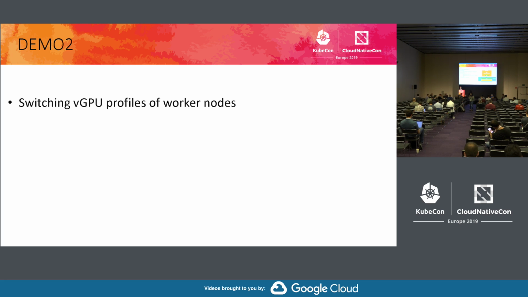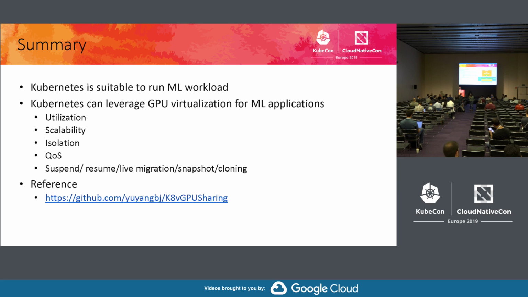If you use one VM on the physical host with a virtual GPU profile like 4 gigabytes frame buffer, you cannot deploy an 8 gigabytes VM onto the same host. So if you want to deploy a new worker node with a different virtual GPU device onto the same host, we need to suspend the existing VM and resume a new one.